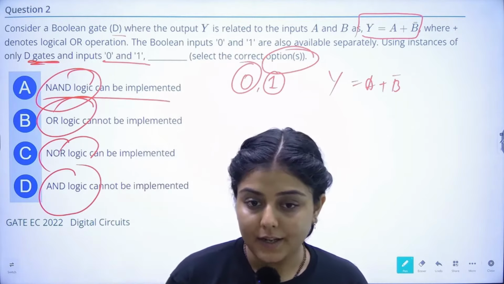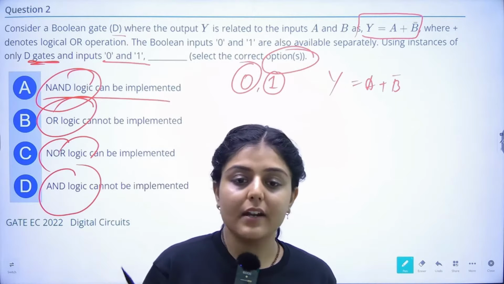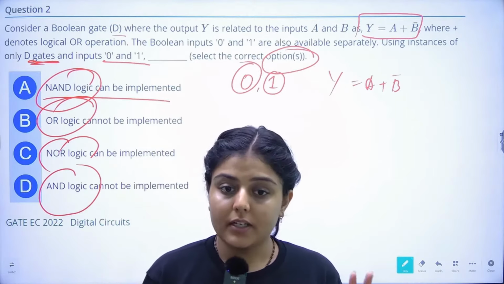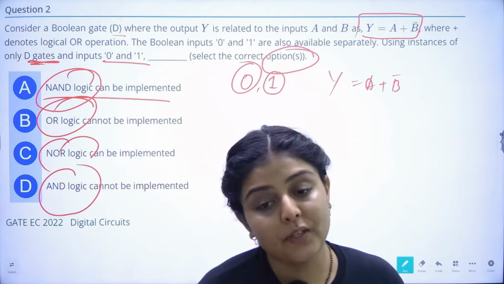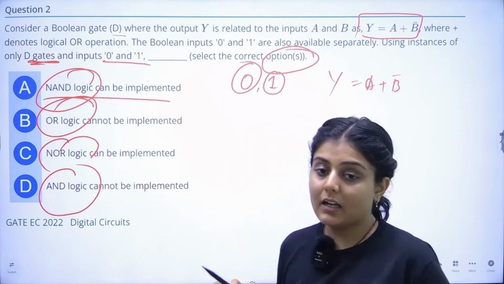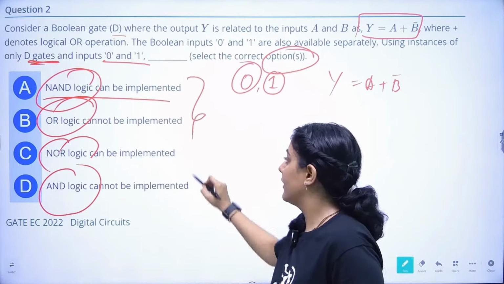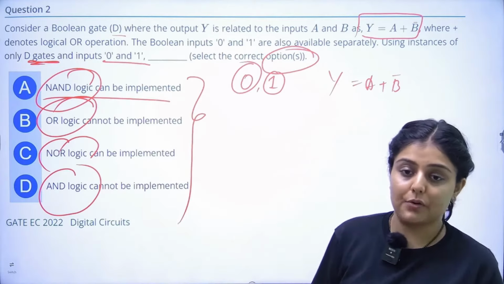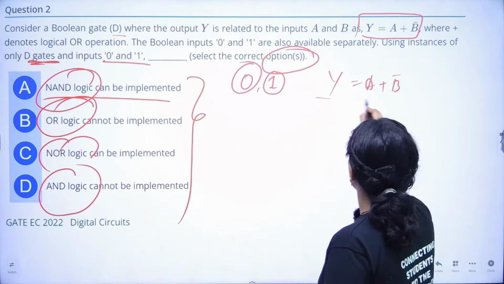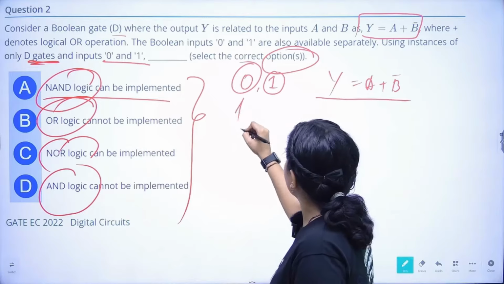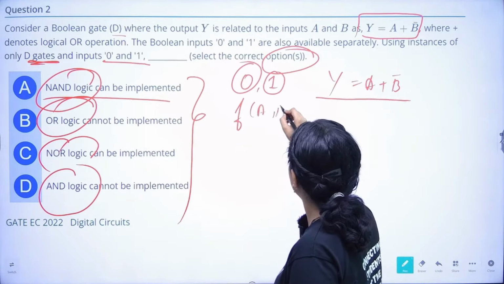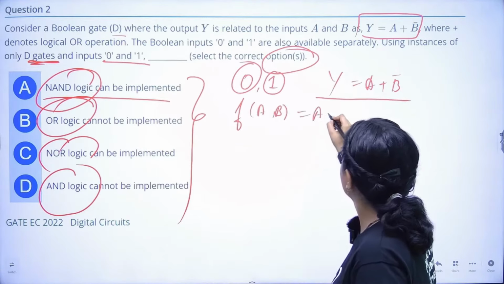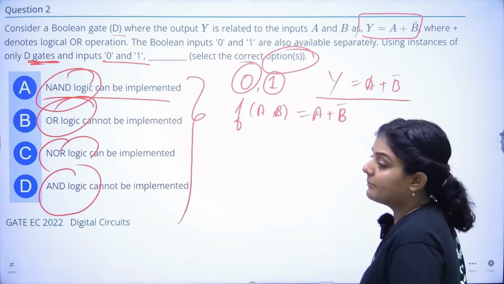For any gate, if you can implement a NOT gate out of that particular gate, you can implement any of the four from that output. Suppose the function of A, B is given as A plus B bar, right?